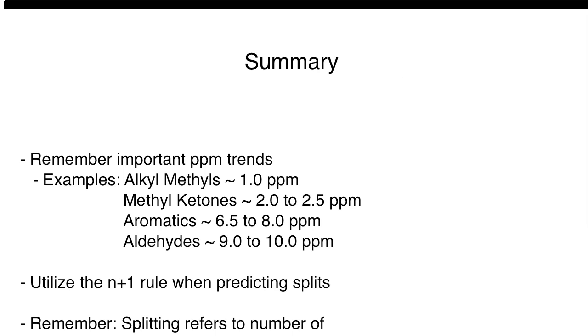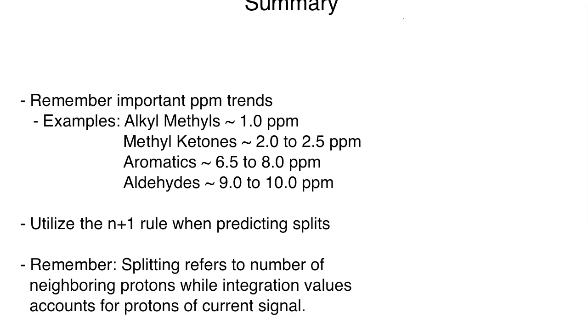So remember that it is very important to attempt to know the basic trends for parts per million when you're analyzing these spectra. We went through a detailed list; you can go back to that, take notes and make a table for yourself. But a couple examples: alkyl methyls should appear around 1 ppm. I think the range we gave was like 0.7 to 1.3, so these are approximations.